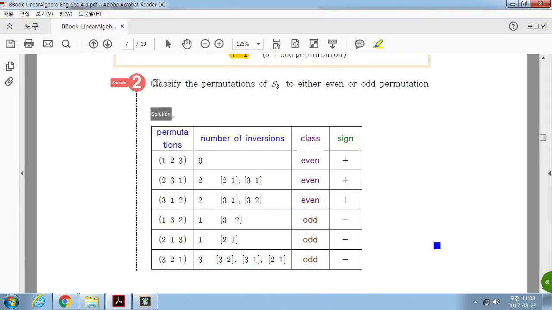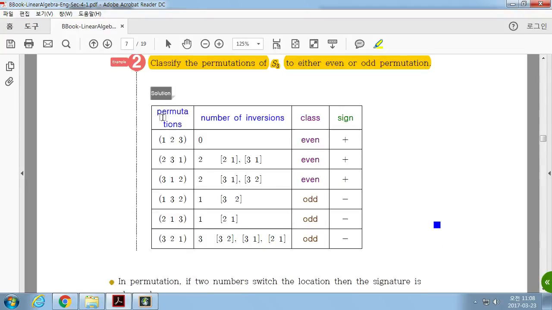Okay, then let's classify the permutations of Sn as either even or odd permutations. For S3, how many permutations do we have? S3, 3 factorial. So we have 6 permutations like this. This permutation sends 1 to 1, 2 to 2, 3 to 3, and as you see, there are no inversions.